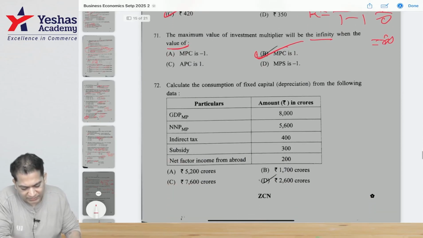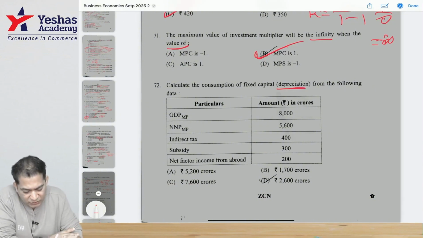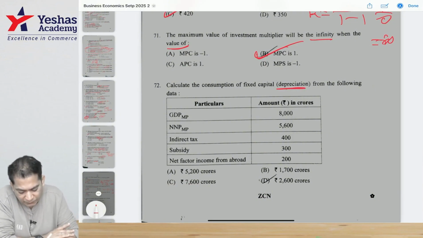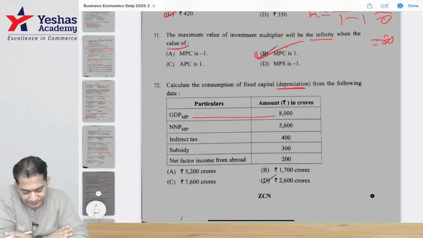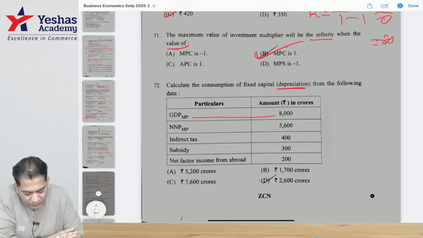Now calculate the consumption of fixed capital, that is depreciation you have to calculate. So first of all, you find out GDP at market price is given. Can I find out GNP at market price? We know that GNP at market price is GDP at market price plus NFIA.